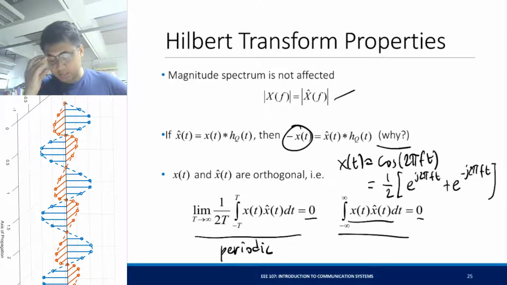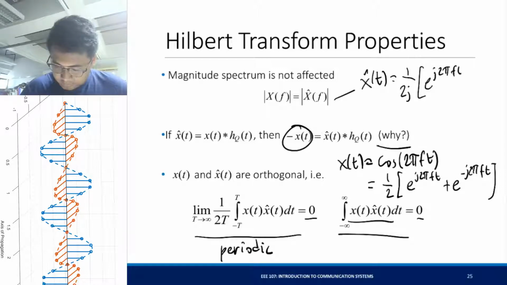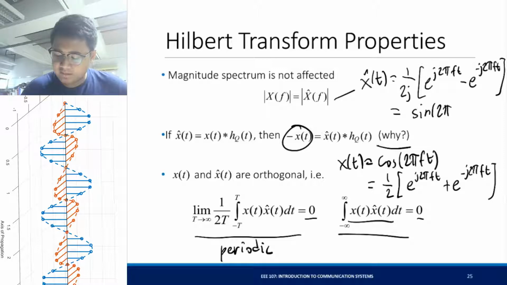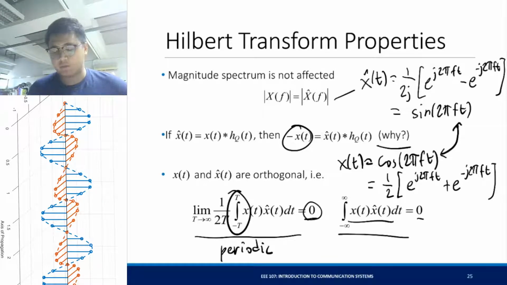If we apply the Hilbert transform to x of t, I'll leave the math to you, but it will look like this. And this is actually equal to your sine. Now, if you integrate your sine with your cosine over one period, multiplying them together, you will see that the output of that integration will be 0, making sine and cosine orthogonal to each other.